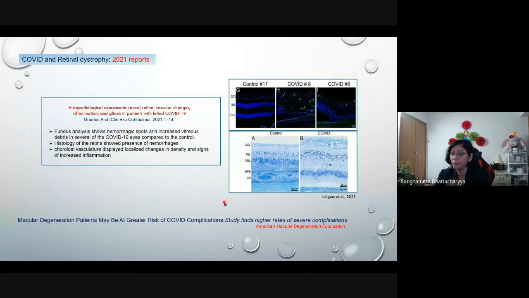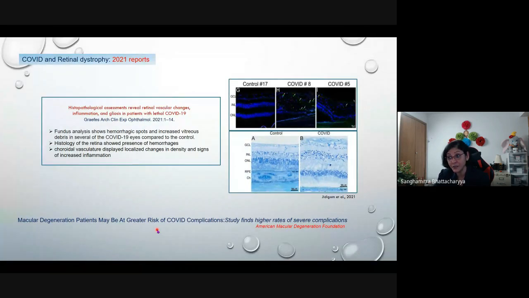The American Macular Degeneration Foundation has conducted studies that found higher rates of severe complications of macular degeneration in patients with COVID complications, or the other way around.